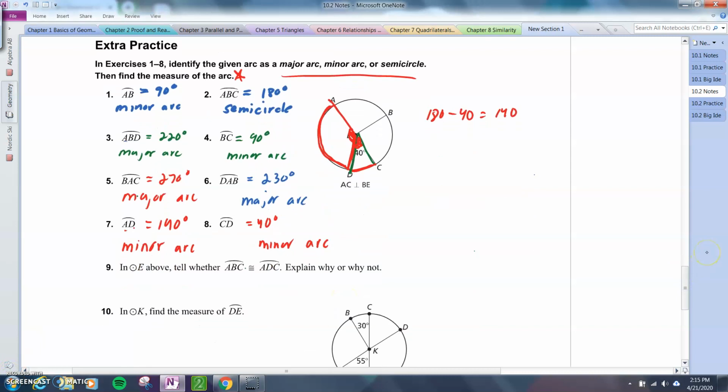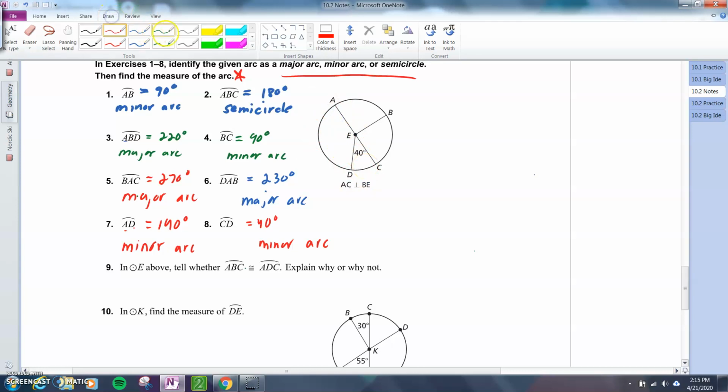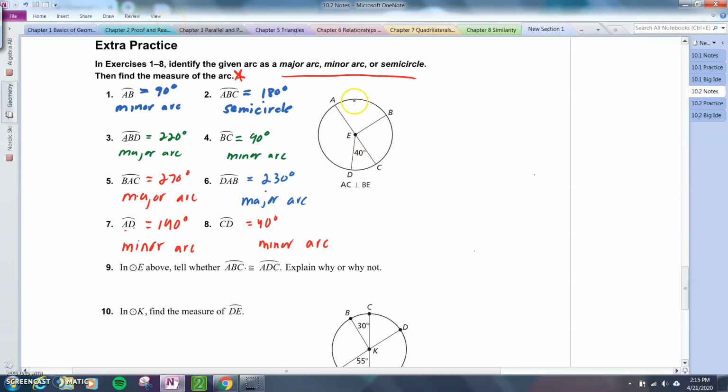Next, let's see, is ABC congruent to ADC? Well, let's mark both of those. ABC, well, I know that was my semicircle. I figured that out right here because we had 90 and 90.